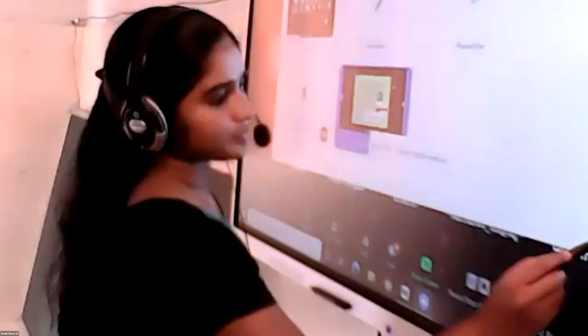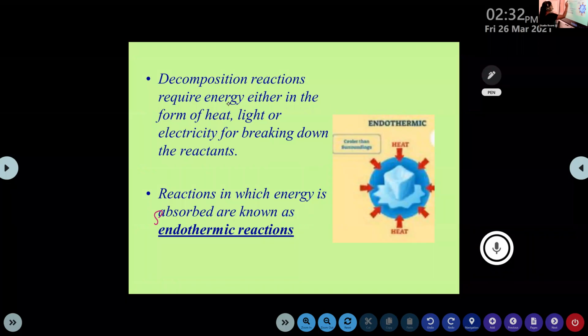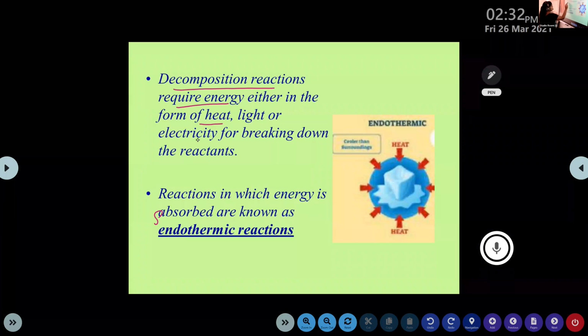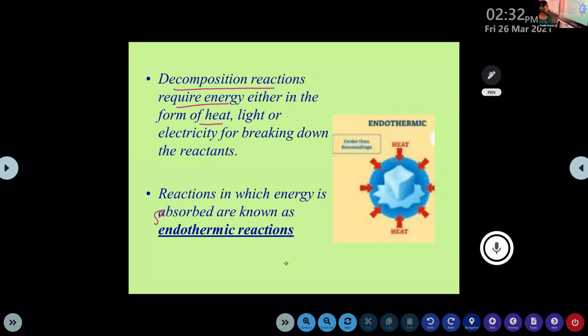So decomposition reactions require energy either in the form of heat, light, or electricity for breaking down the reactants.